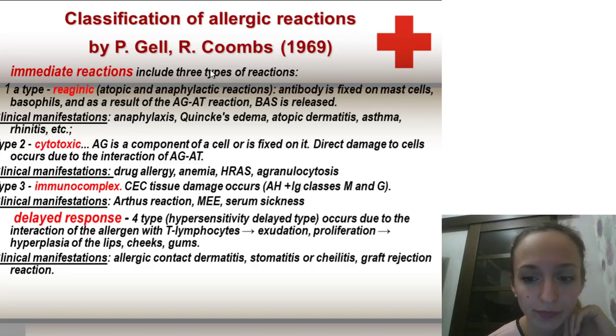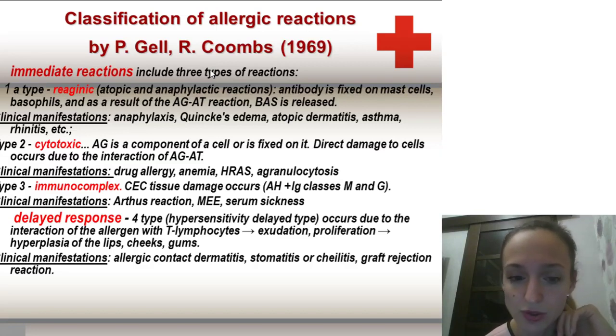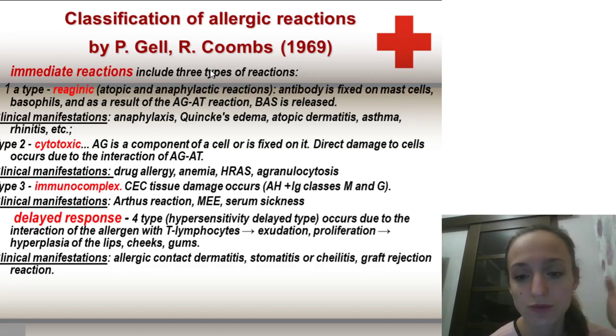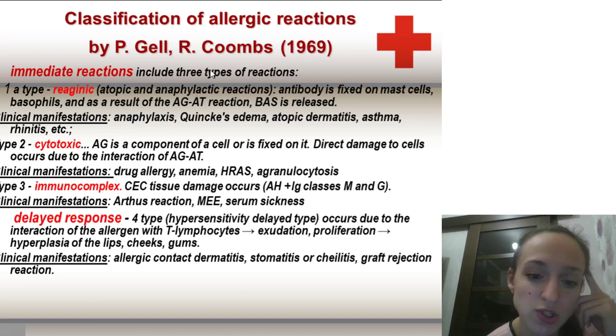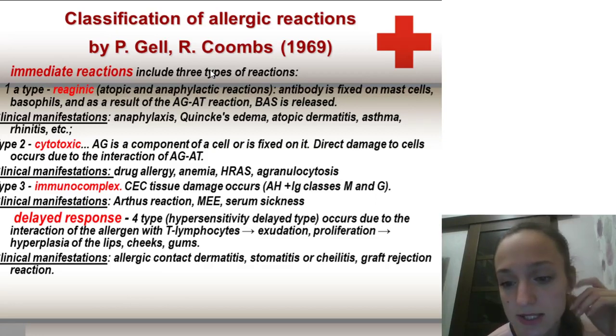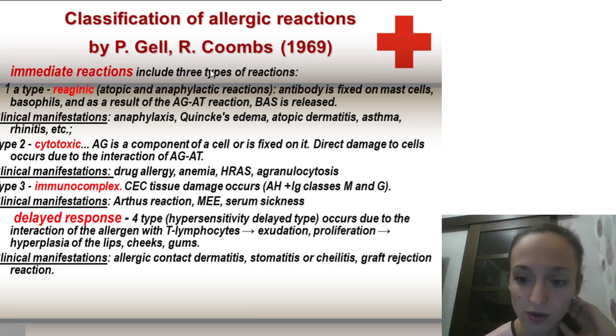Fourth type occurs due to the interaction of the allergen with a type of lymphocytes. So different reactions from exudation to proliferation, and hyperplasia of the lips, cheeks, and gums. Clinical manifestations in this group are allergic contact dermatitis, stomatitis, and graft rejection reaction.